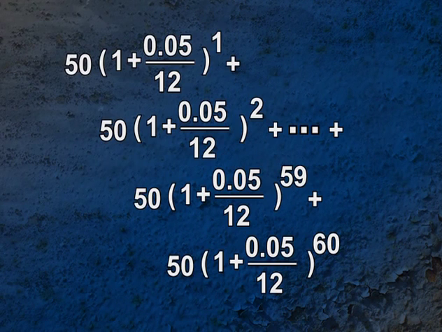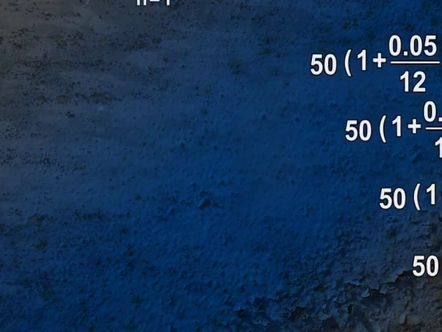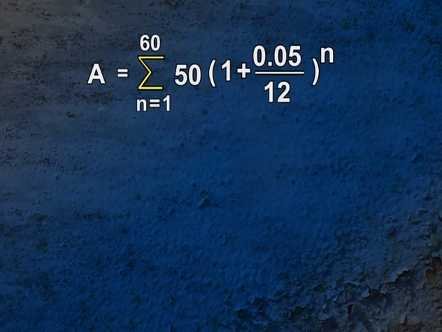Well, writing it like this, we see that we have the sum of a geometric sequence. And we can write that sequence like this: the summation, as n runs from 1 to 60, of 50 times 1 plus 5/100ths over 12 to the n power, where n now is our counting mechanism.